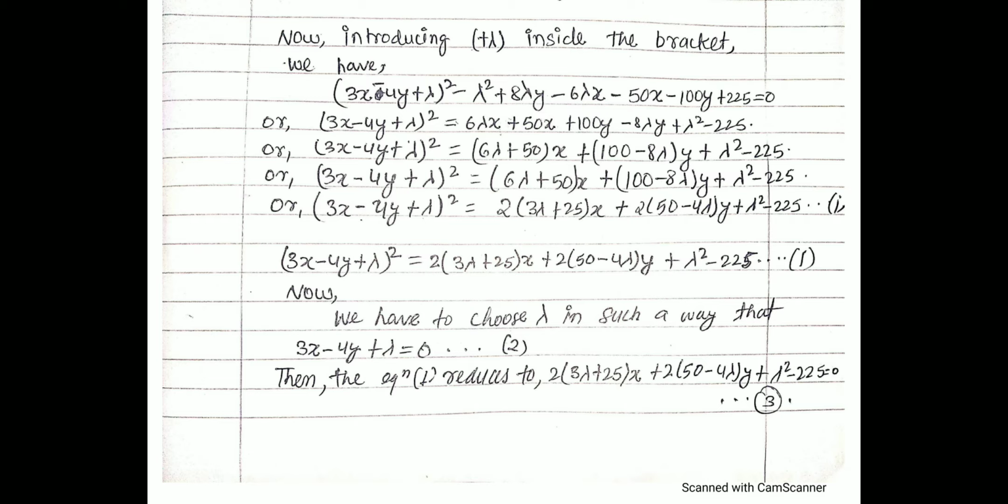Now we have to choose lambda in such a way that 3x minus 4y plus lambda must be equal to 0, which is our equation 2. Then equation 1 reduces to 2 times (3 lambda plus 25) x plus 2 times (50 minus 4 lambda) times y plus lambda square minus 25 is equal to 0, which is our equation 3.